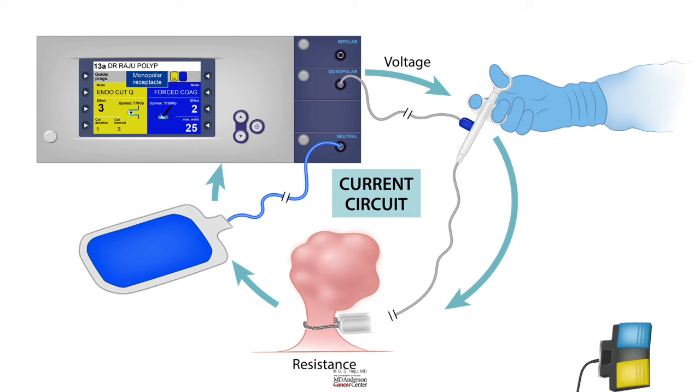The generator creates a voltage, that is the power to push the electrons through the circuit. So the electrons are flowing from the generator to the snare, and from the snare to the tissue, and then back to the generator via the dispersive pad.